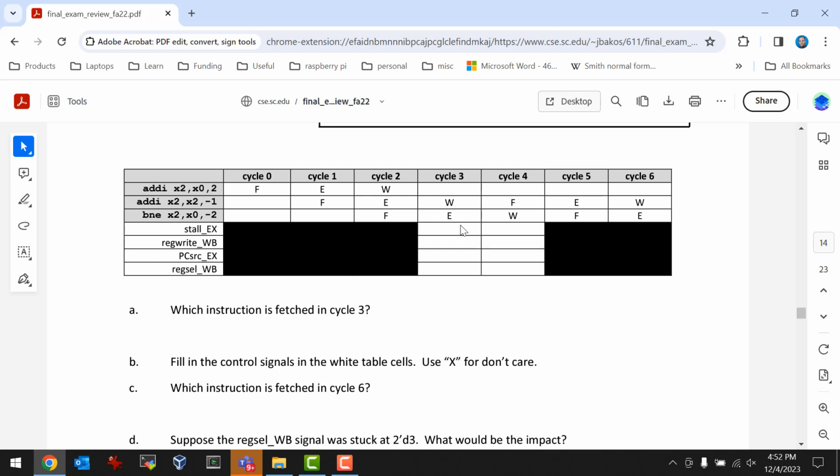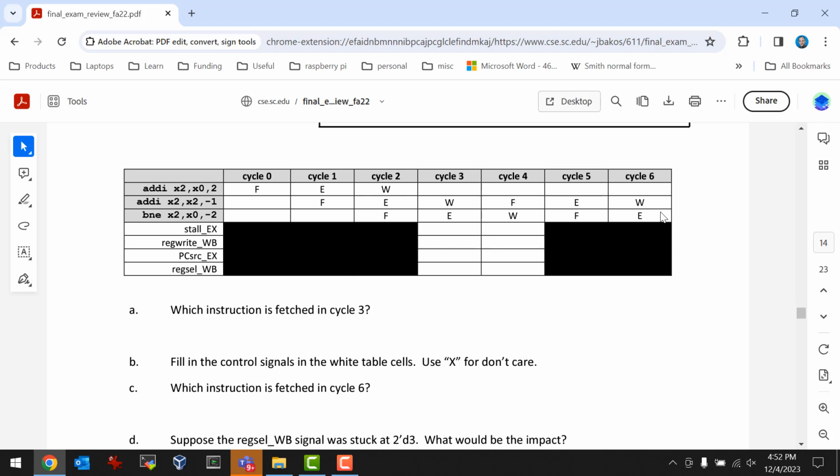That's the stalled instruction. And then in cycle 4, we're going to be fetching the add. Cycle 5, we're going to fetch the second add. In cycle 6, we're going to fetch the branch, right? Make sense?